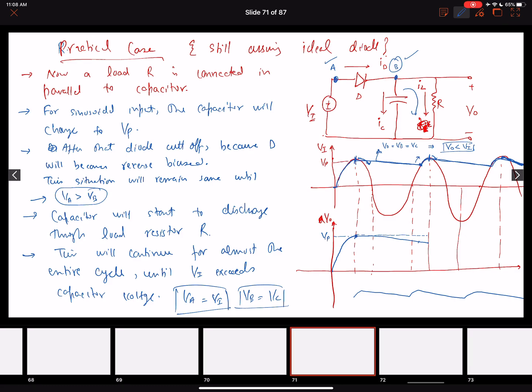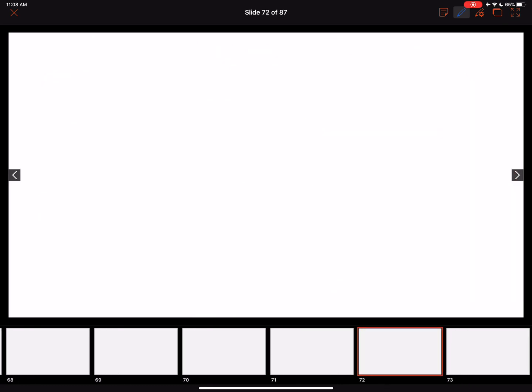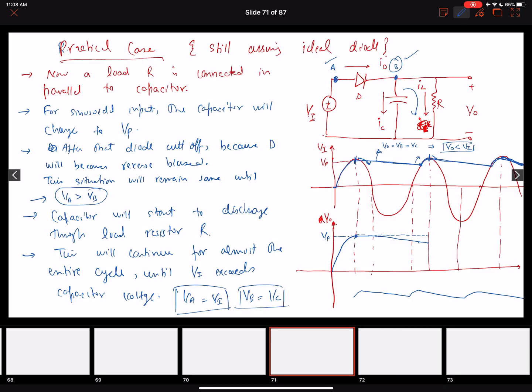So let's talk more about this. All right. One important thing to see over here is, two things. We are going to calculate some of these values. One value we are going to define over here. We're going to call this VR, or the ripple voltage.